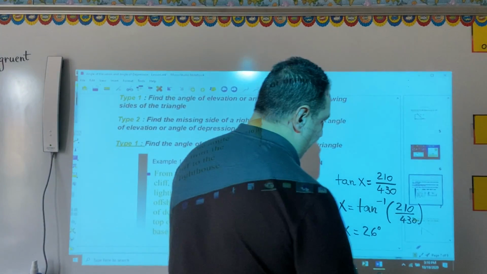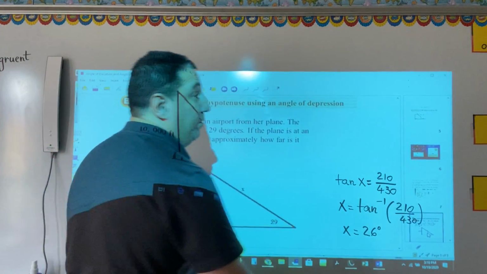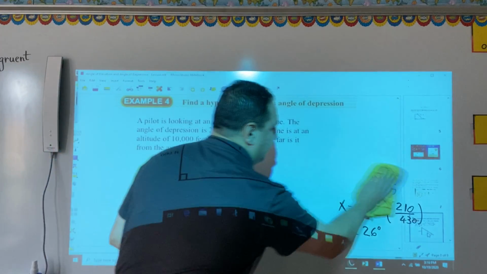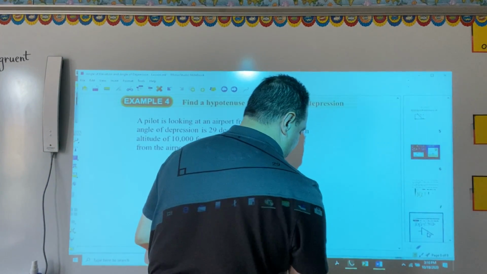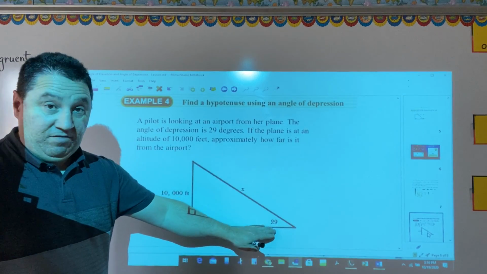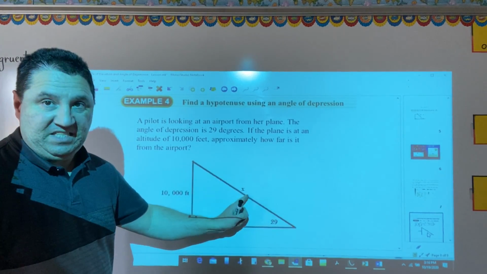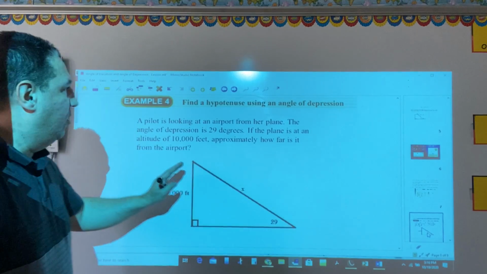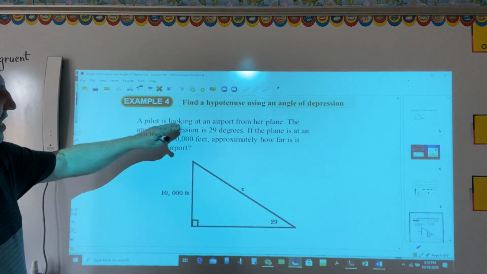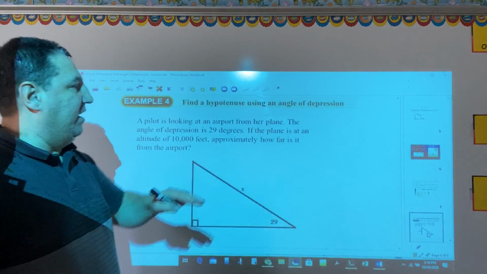Now let's have a type 2 problem, right? In this case, as we can see, the angle is given and we have to find a missing side. It says here, a pilot is looking at an airport from her plane.